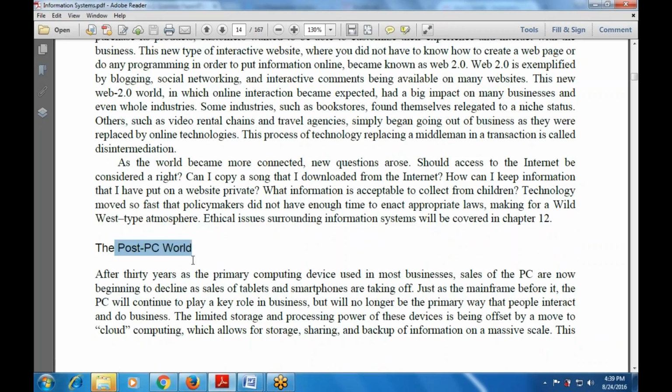Now, next is the post-PC world. After 30 years as the primary computing device used in most businesses, the sales of the PC are now declining as the sales of tablets and smartphones rise. Why? Because this is a new technology, portable and easy to carry. Everything is available on the smartphone.